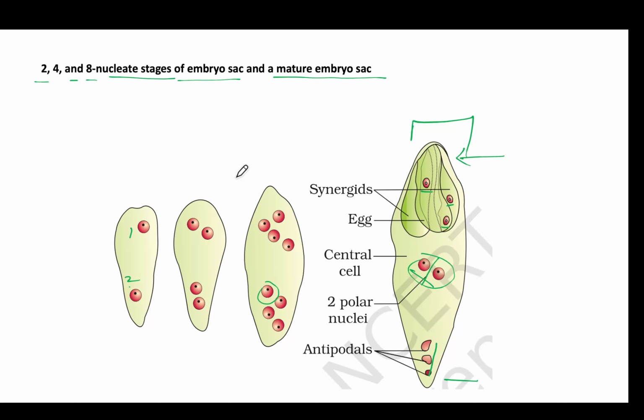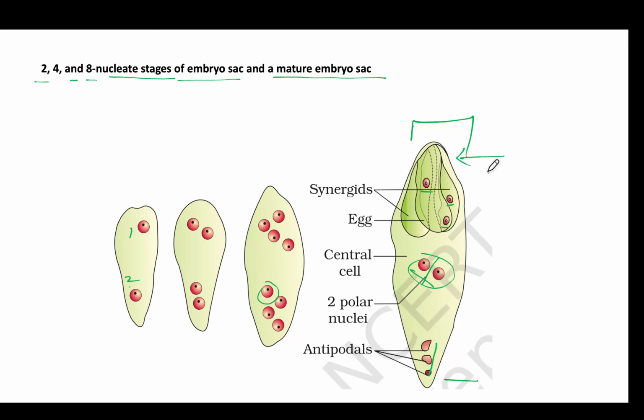After this, these cells arrange themselves: 3 at the micropylar end, and 3 at the chalazial end. The cells at the micropylar end are known as the egg apparatus, and the cells at the chalazial end are known as antipodals.